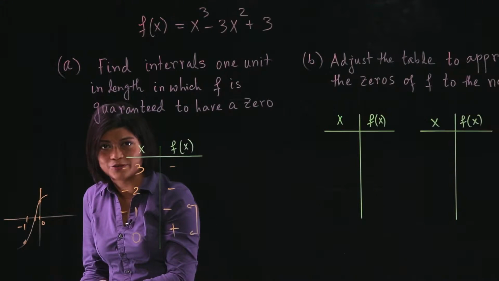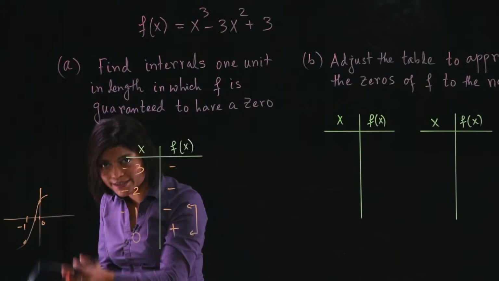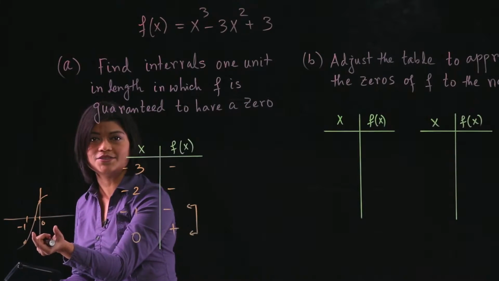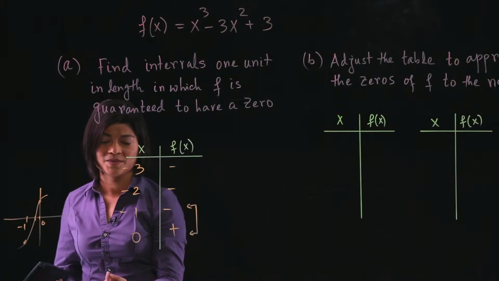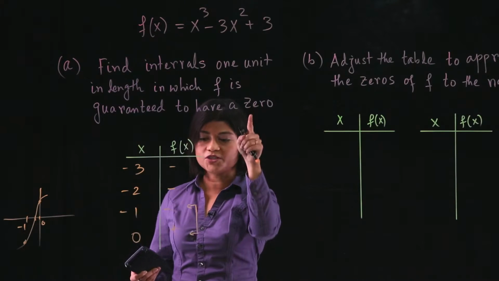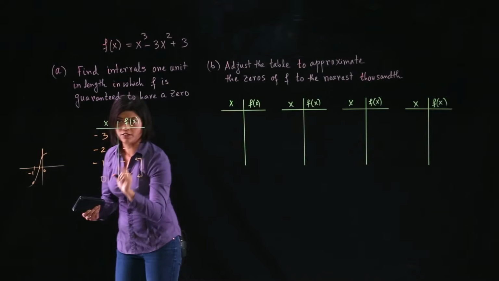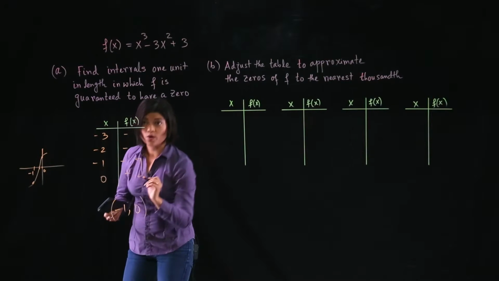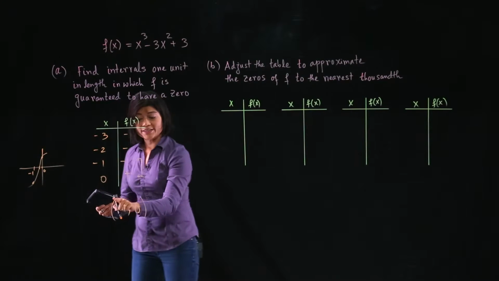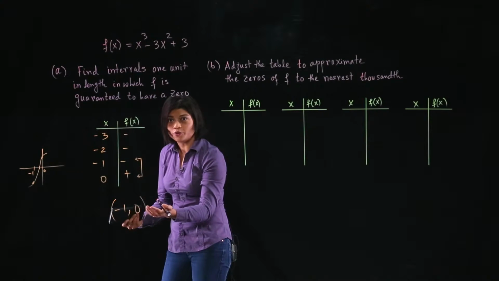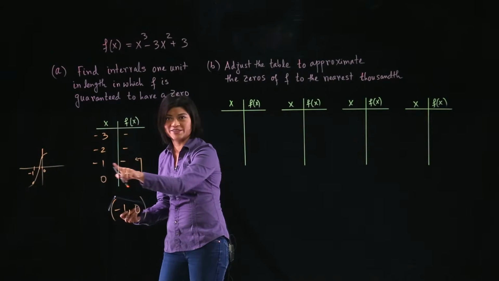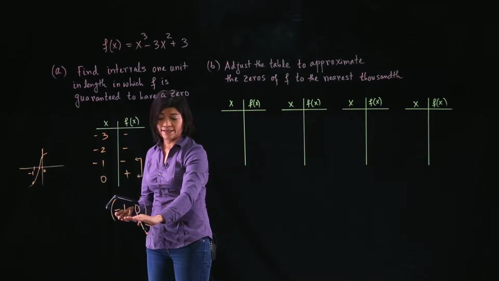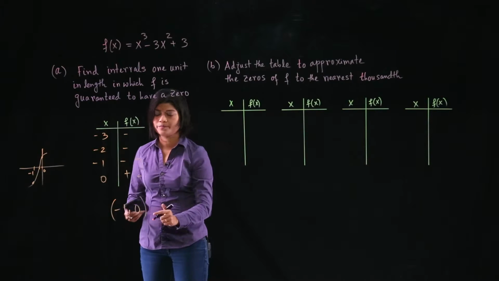That's the intermediate value theorem. So it is guaranteed that this function will have a 0 inside the interval -1 to 0. So that's the answer to our first part. We got our interval 1 unit in length, and the interval is (-1, 0). Notice that I did not put a closed bracket because I know that the function is not 0 at these 2 points. So there is a 0 inside this interval for sure.